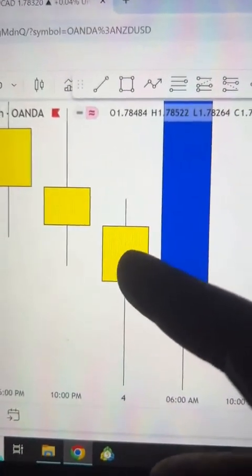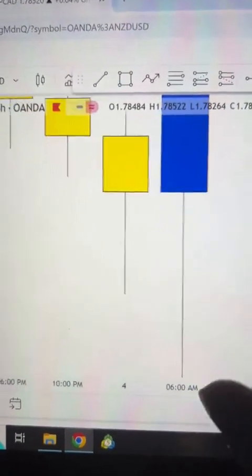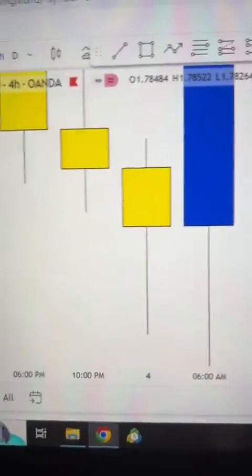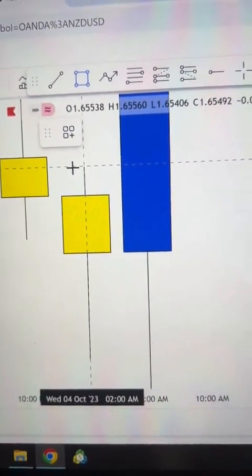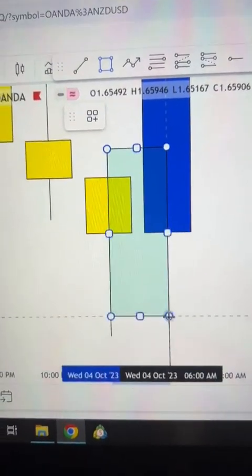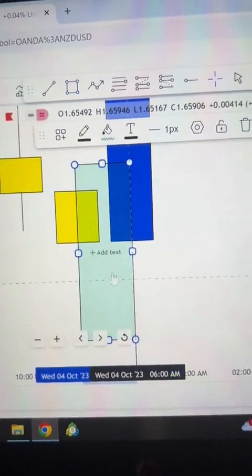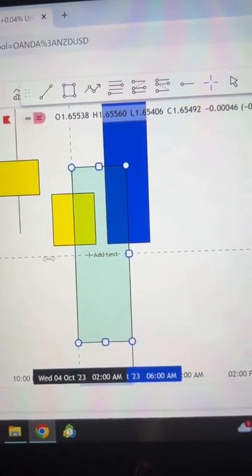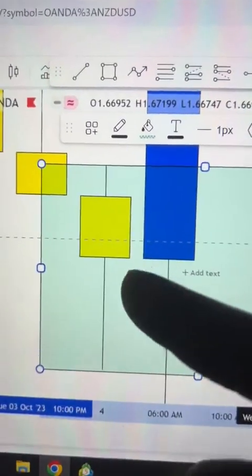This one here is your order block. So how do you mark it? You start from the wick, you bring it down to the down wick like this. Then you open it, then you drag it all the way. This is now your order block.